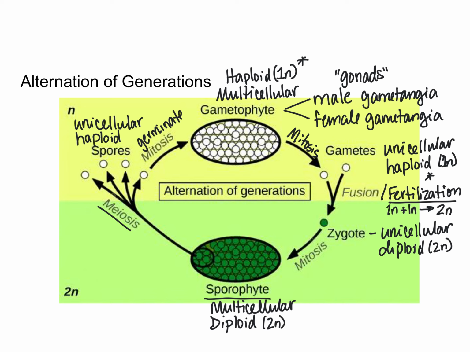So fertilization can take two haploid cells and turn it into a diploid cell. The zygote then goes through mitosis, and because it is diploid, it can only produce diploid cells, and so we return to our sporophyte, which is multicellular, made up of diploid cells. And these two generations just keep happening as a cycle over and over again.